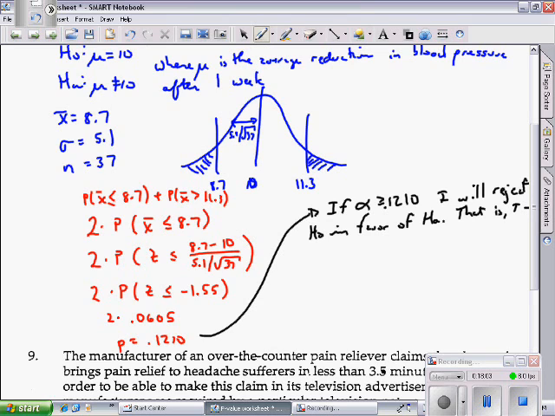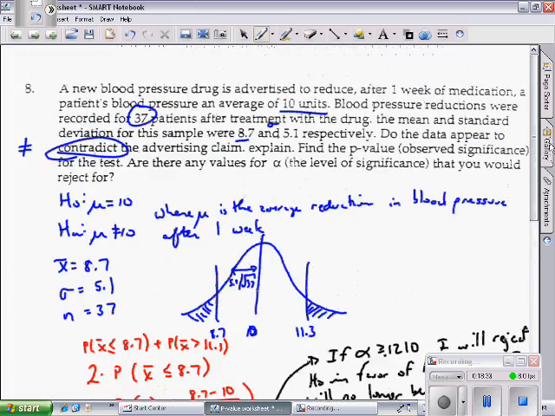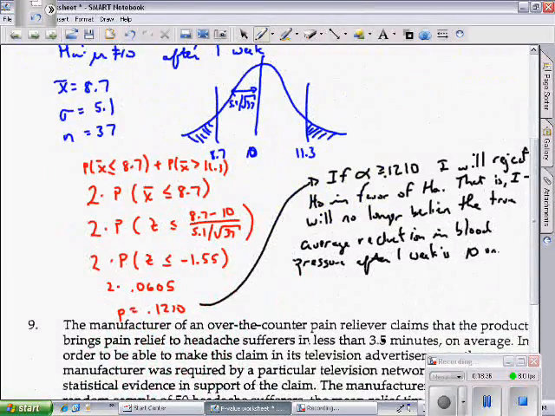That is, I will no longer believe the true average reduction in blood pressure after 1 week is 10 units, but that it is something different.